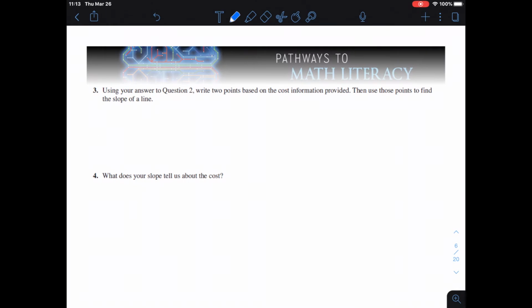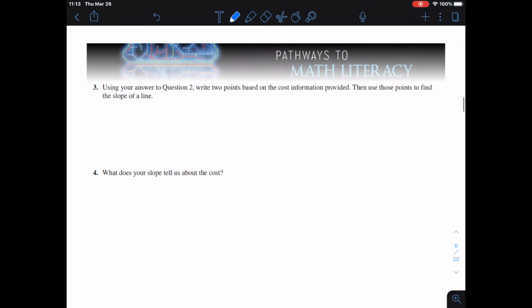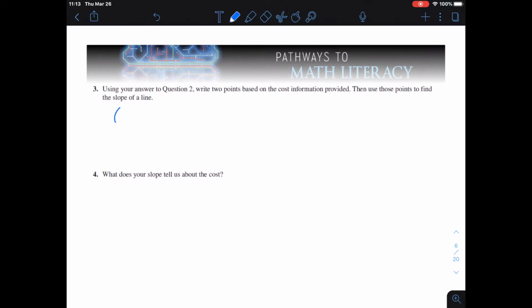So now let's go ahead and find the slope of the line we have based on those 2 points of information. We're told, when we have 150 guests, the cost is going to be $6,500 for the venue. If we bump it up to 200 guests, the cost is going to be $8,500. Remember, we use the letter m to represent our slope. We look at the difference in the y values.